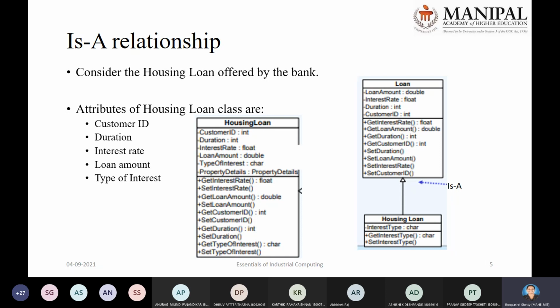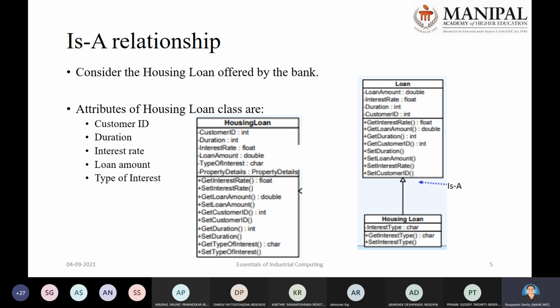But if a class has an additional member or an additional function, then the class housing loan has an additional member plus it uses all other available attributes and functions of the loan class.